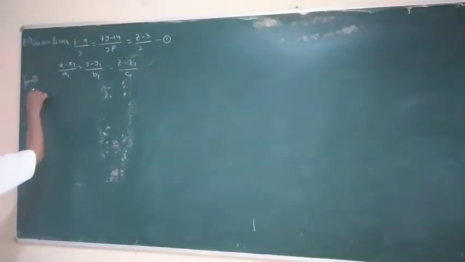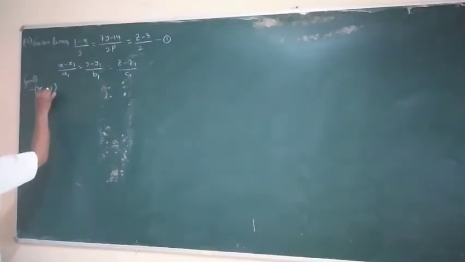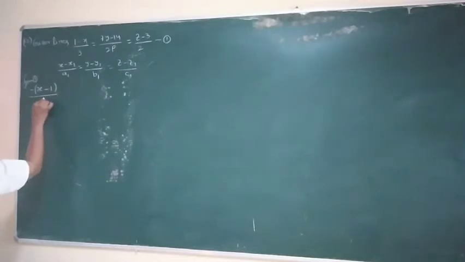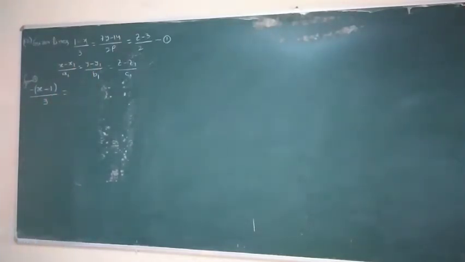So first of all, take minus common: minus of x minus 1. Minus into x is minus x, minus into minus is plus 1. So minus x plus 1 by 3. That is equal to, not 7y, only y minus something.